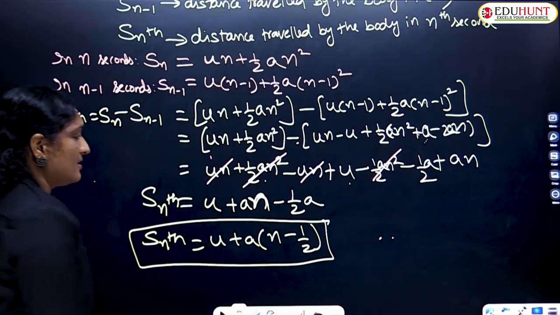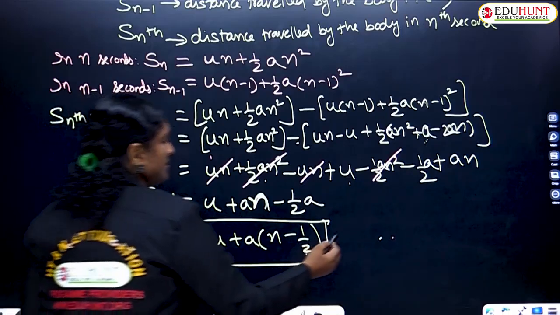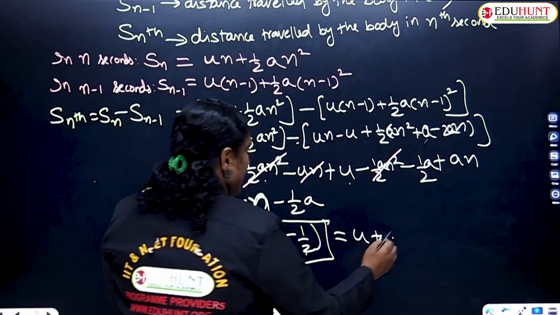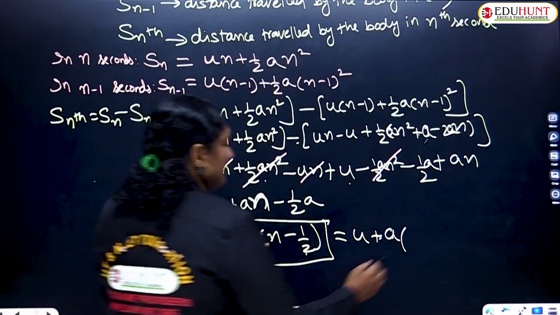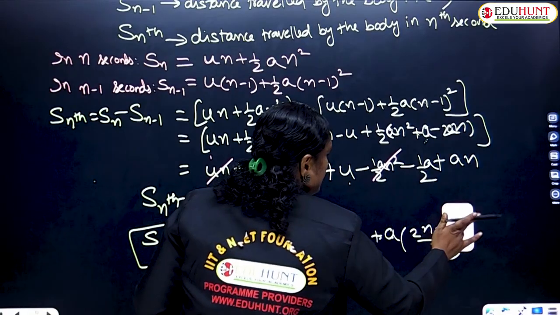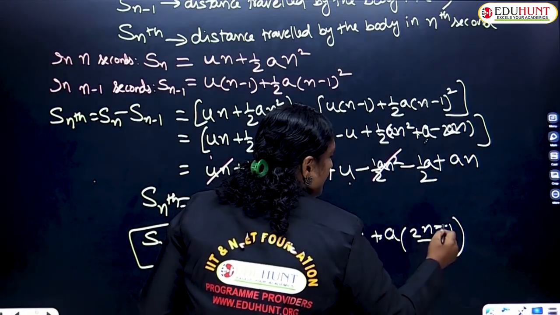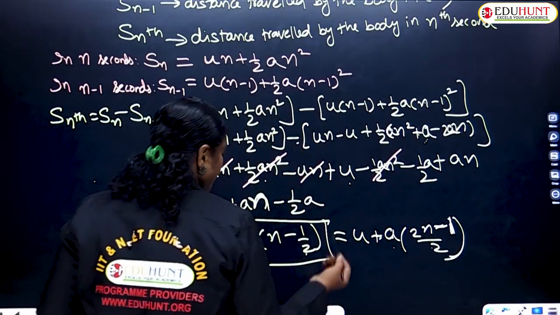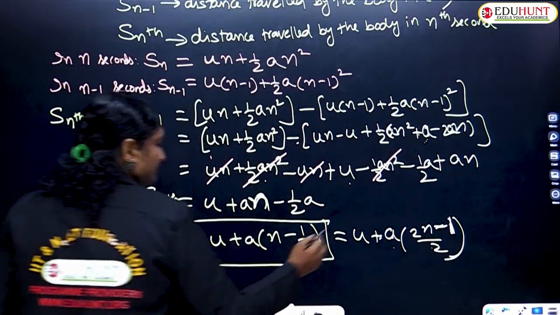Take the LCM, children. If you take the LCM, how much will it be? This will be u plus a as it is. Here it will be 2n minus 1 by 2. So this 2 you bring outwards.